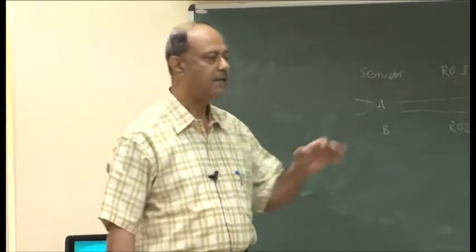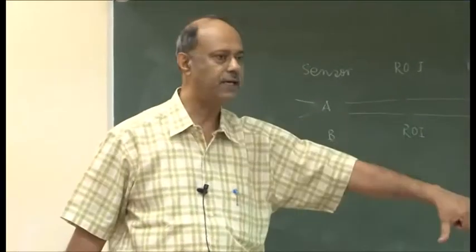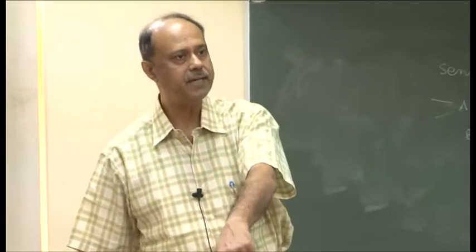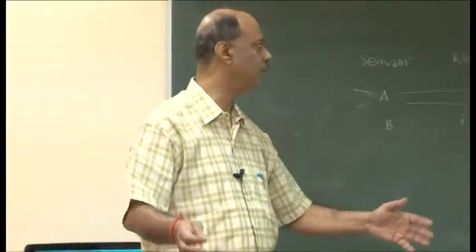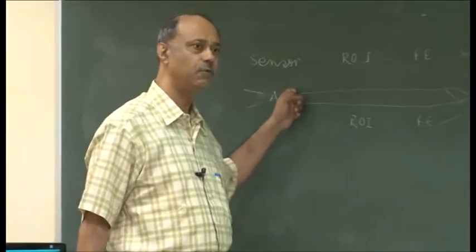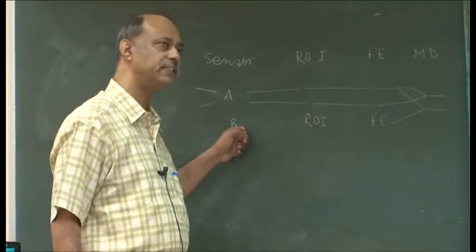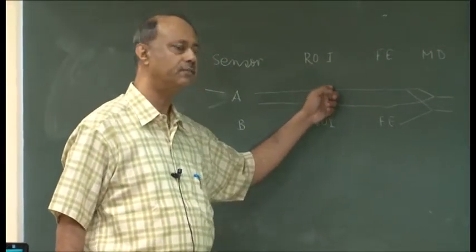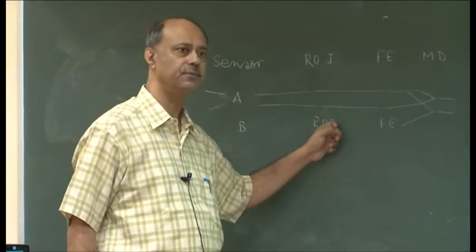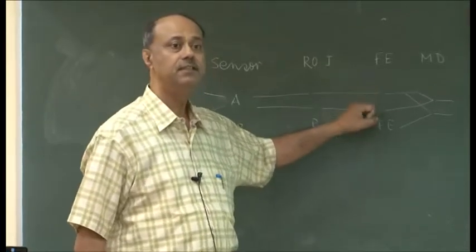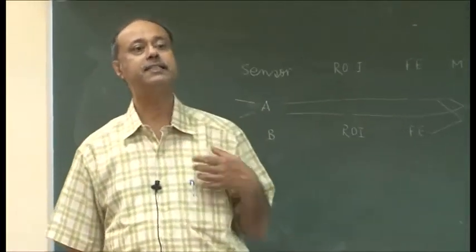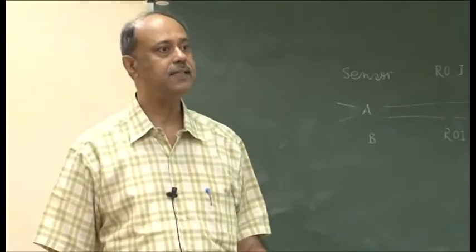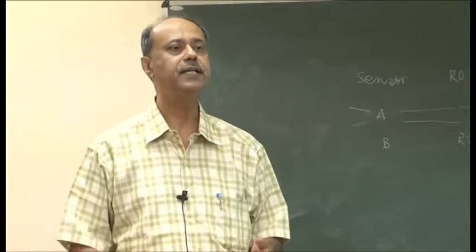So I have two sensors and I have given the same finger on both. But the ROI is extracted by this algorithm and the features by that algorithm. Even if you say a particular standard is there, something is hidden.